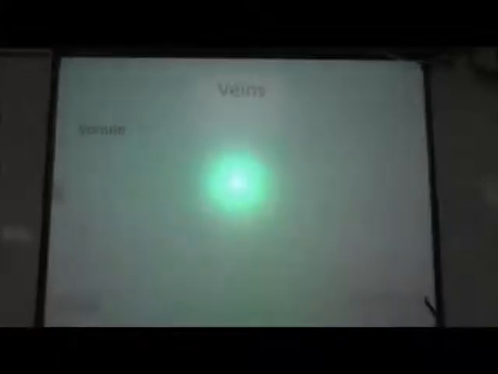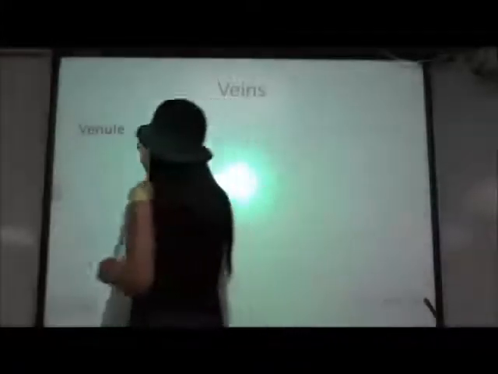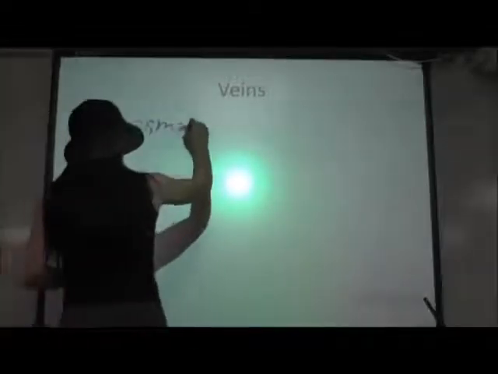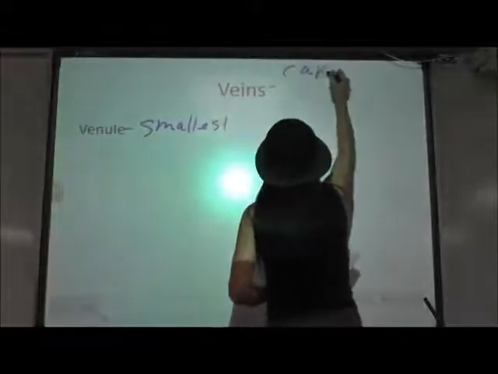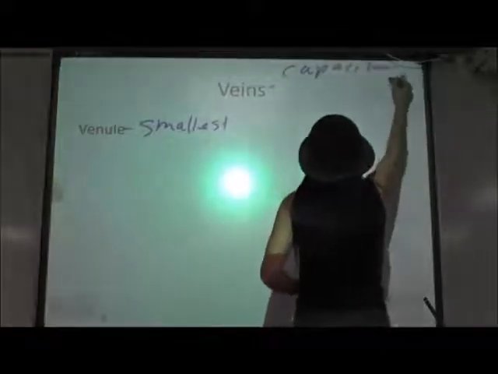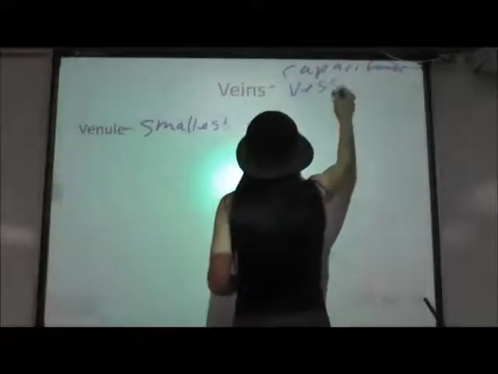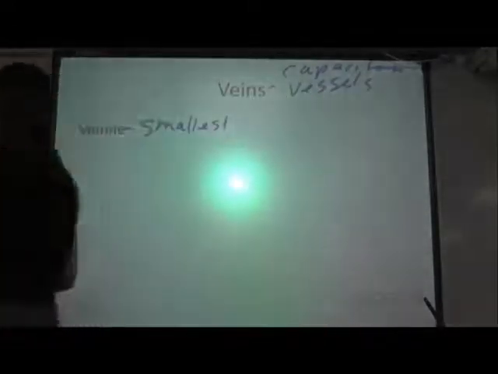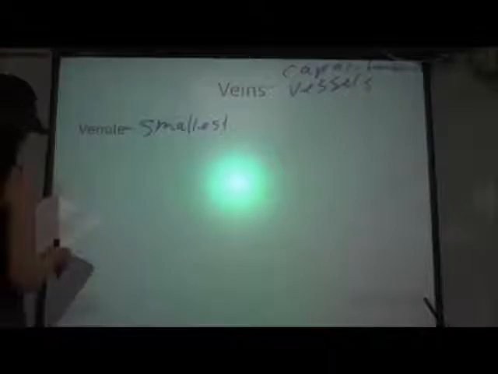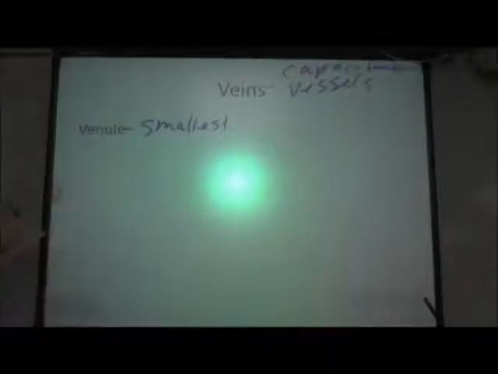Our next type of vessel is called a venule. Our venules are our smallest veins. And actually I should say our veins are what are called capacitance vessels. That's because they've got a high capacity to hold blood. So they act as a blood reservoir, and at any given time they've got a lot of our blood flowing through them.